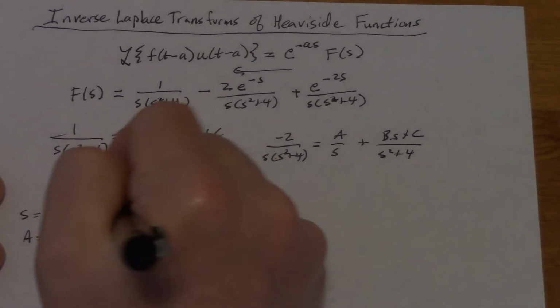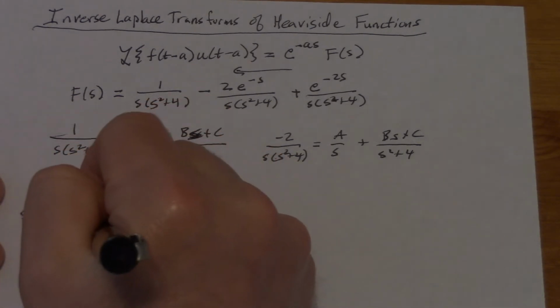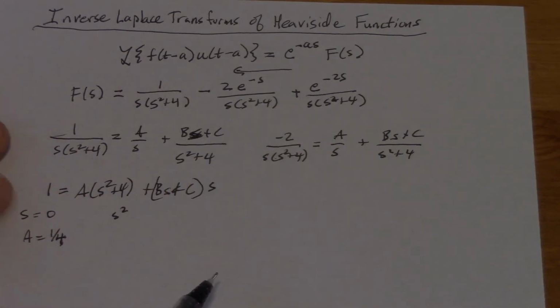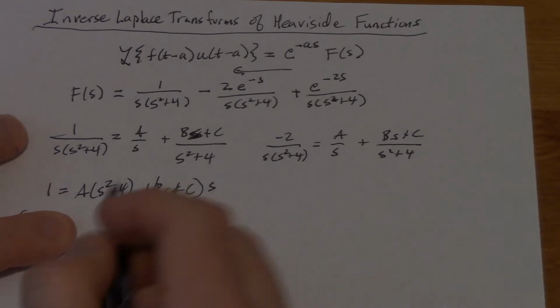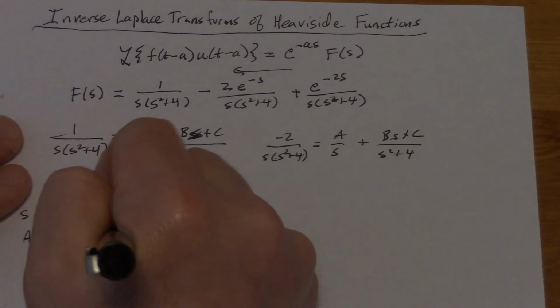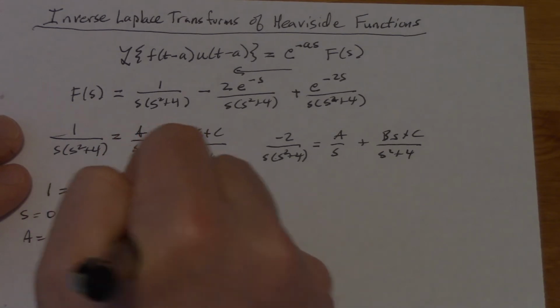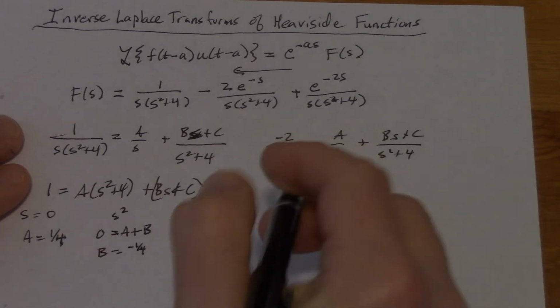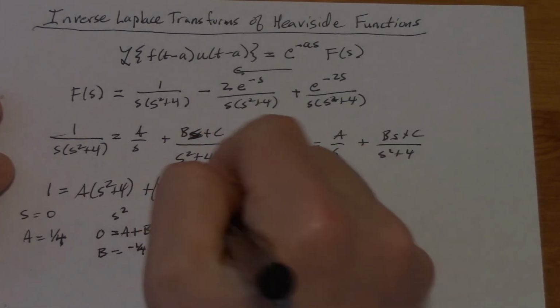Then we can group on s squared terms. There are no s squared terms on the left, so 0 equals A plus B. So B is negative 1/4. Then you can group on s terms.